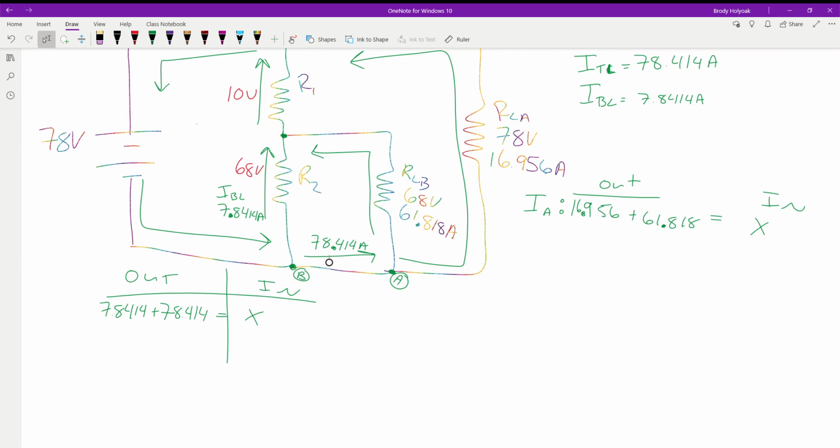Then at this node, again, we've got the 78.414 going out. We have 7.8414 going out. The in and the out have to be equal.